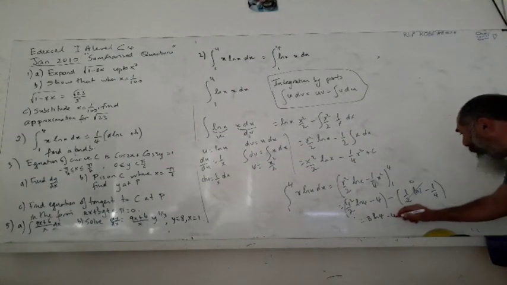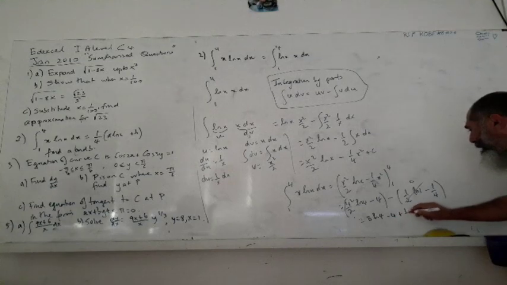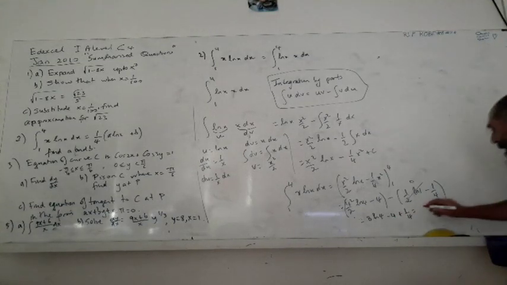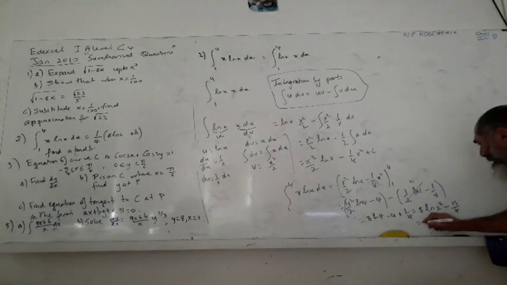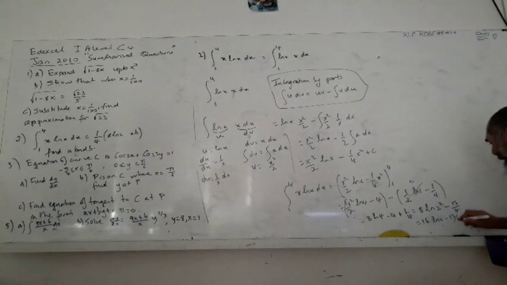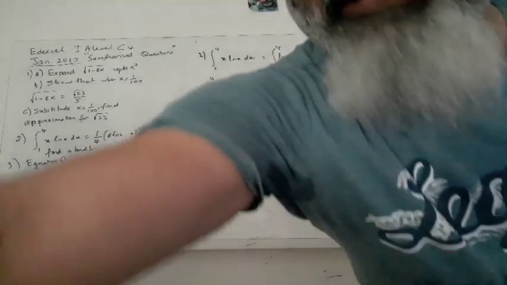minus 4 plus 1 over 4 is equal to 8 ln 2 to the power of 2 minus 15 over 4. So the answer is 16 ln 2 minus 15 over 4. Let's check the answer.